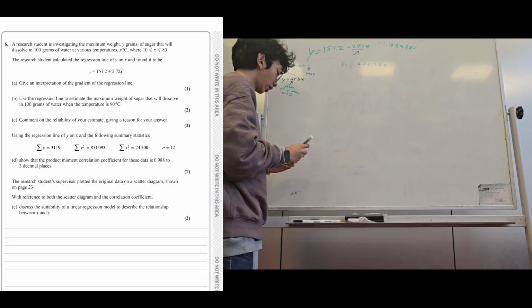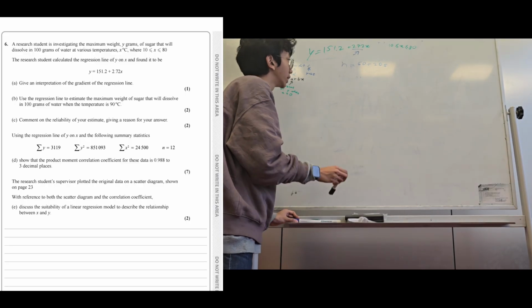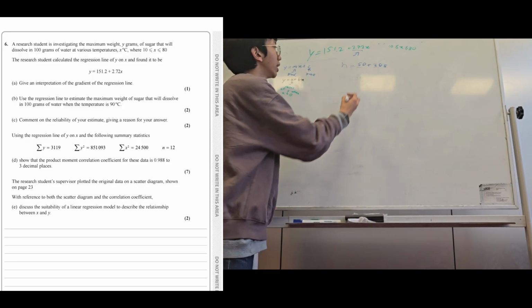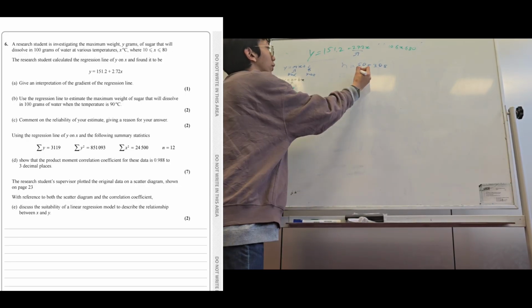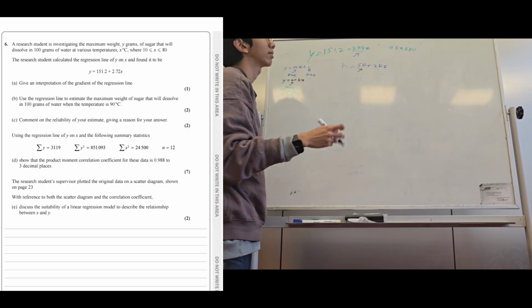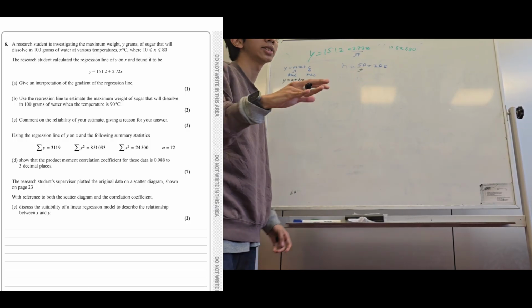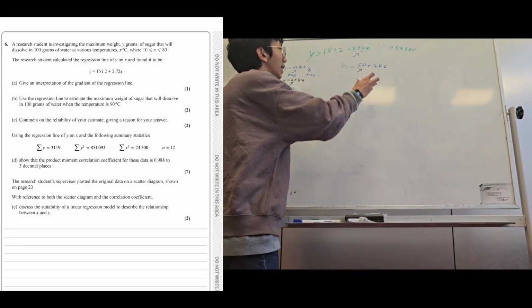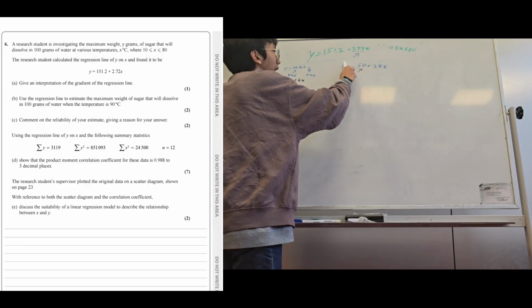Whenever you are asked what the y-intercept and gradient mean, you have to give context. So 50 is the height of a person with 0 shoe size. It doesn't really make sense, but this is just an example. So when s equals 0, h is equal to 50.